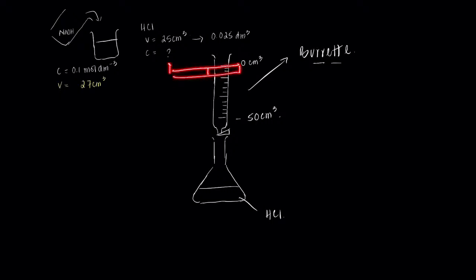You use a clamp, and to see it clearly, sometimes you use a white tile at the bottom, but more often than not, you don't see that. You can use a piece of paper to see it clearly. By the way, the color pink will be a very, very light shade of pink because it's barely alkali in there, because you only put a drop of phenolphthalein in there. You don't want too much.